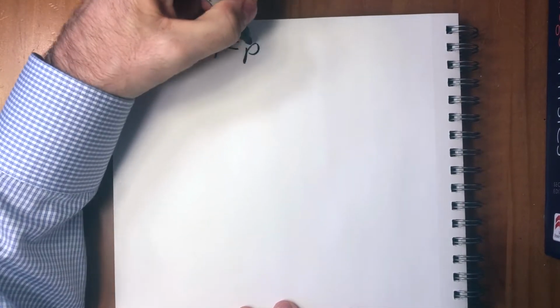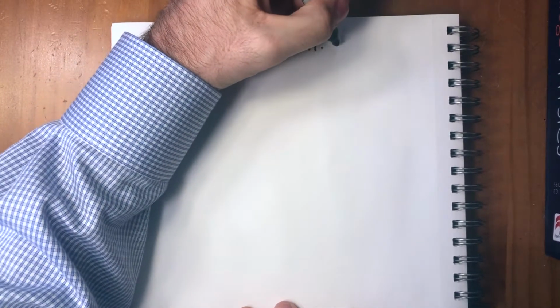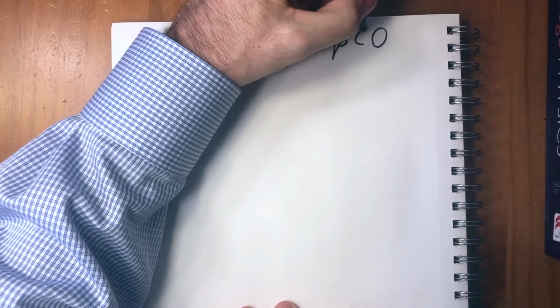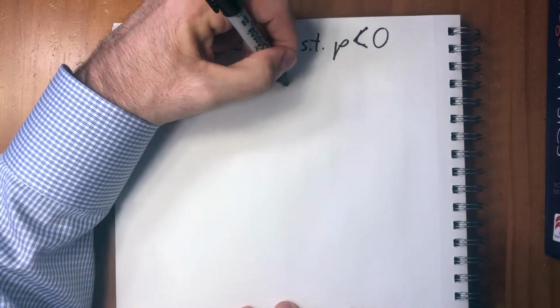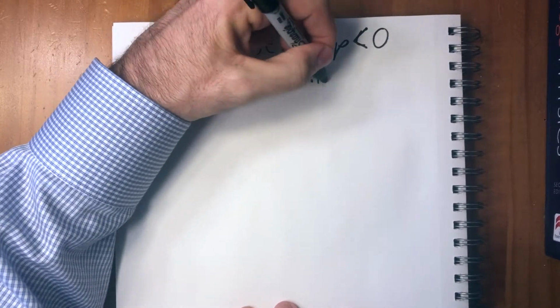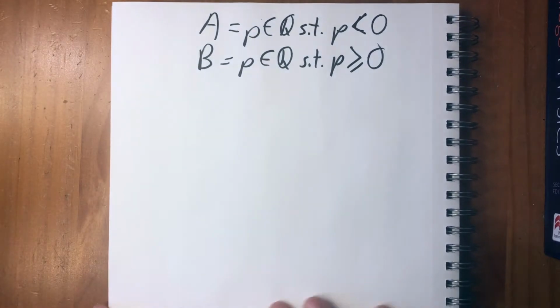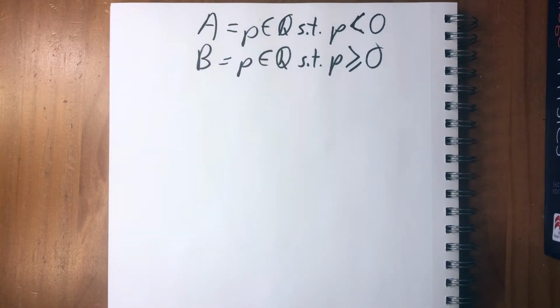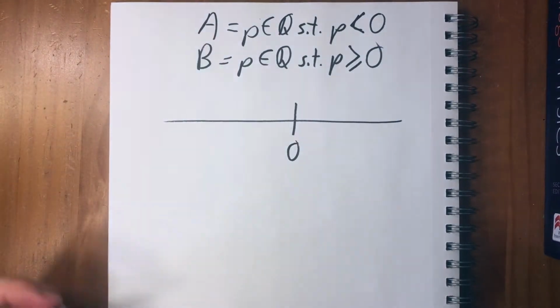To do that, let's examine a couple of sets. Okay, so we have two sets on the number line.